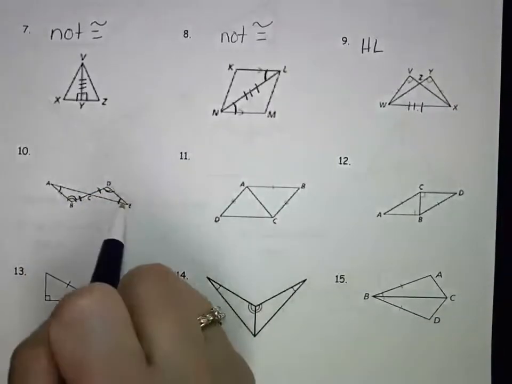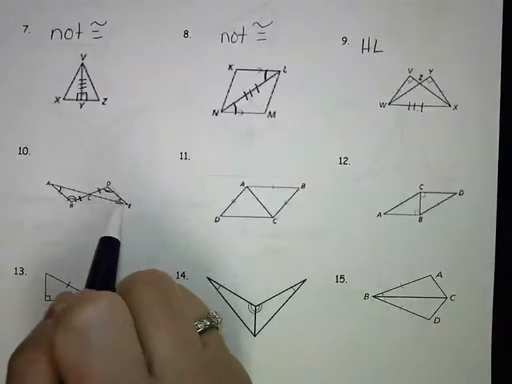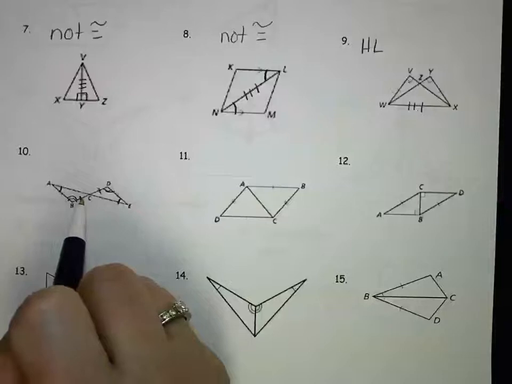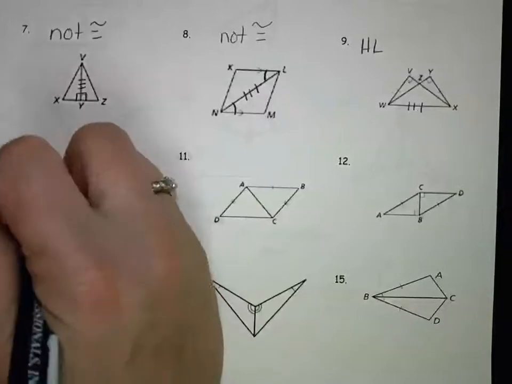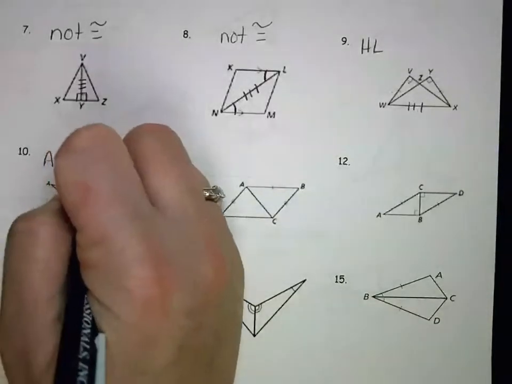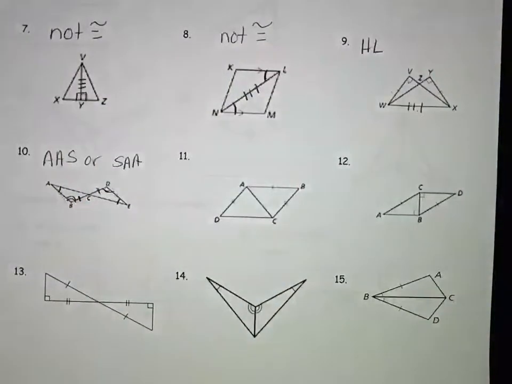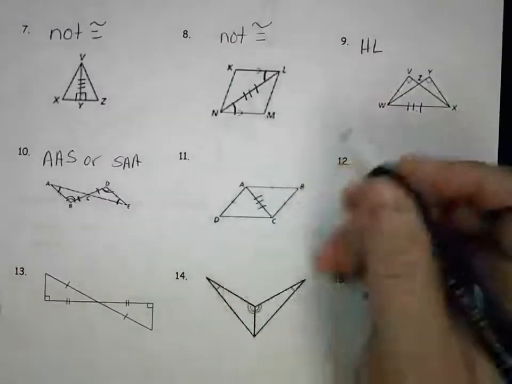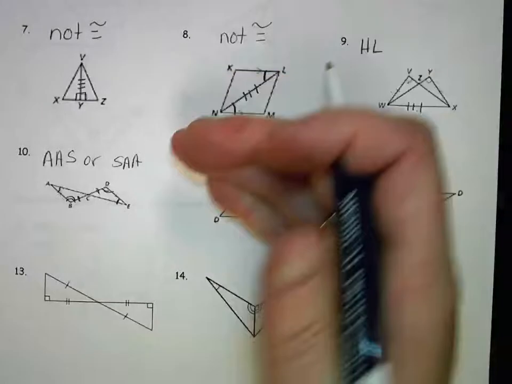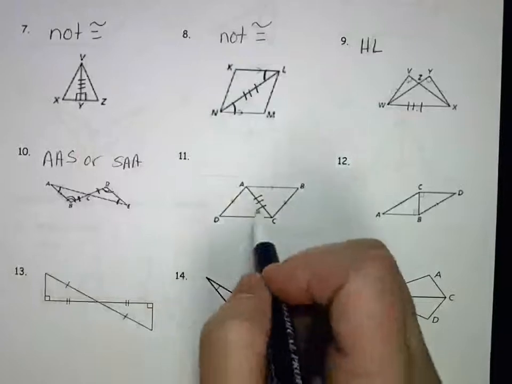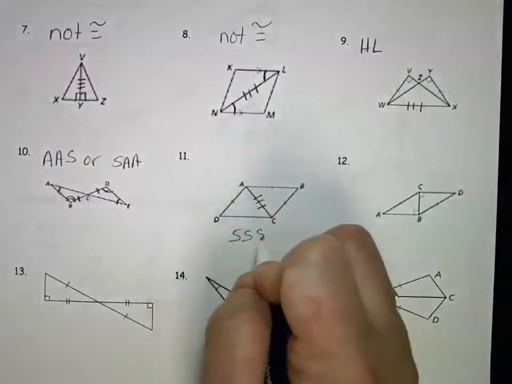And then you have angle, angle, side, or side, angle, angle. And you also could have done that with some vertical angles and done that a second way. Number 11, this piece, the right-hand side of that triangle, is congruent to the left-hand side of this triangle. So these are congruent by side, side, side.